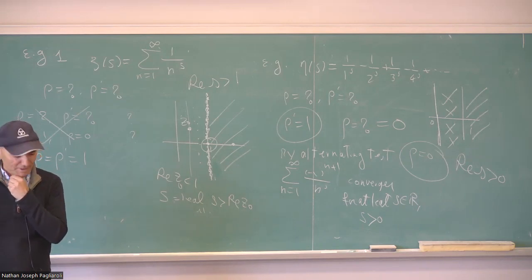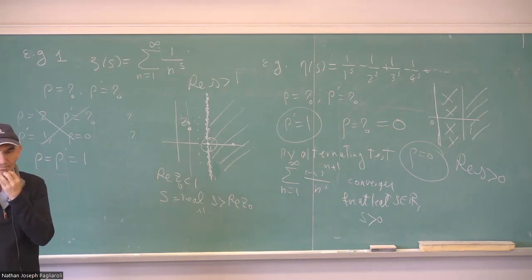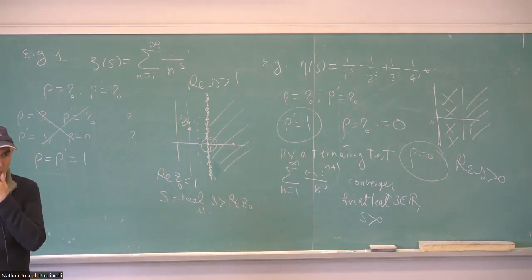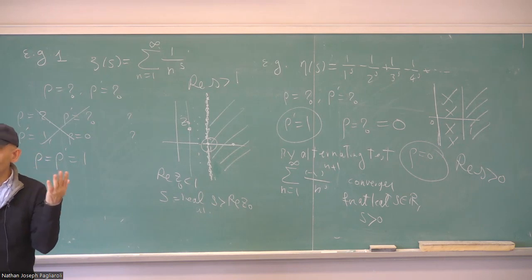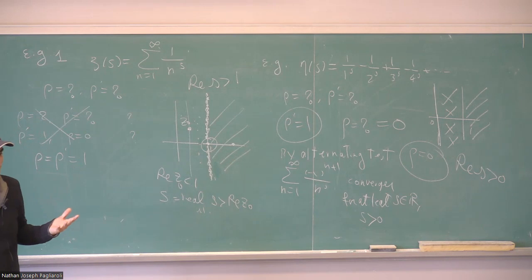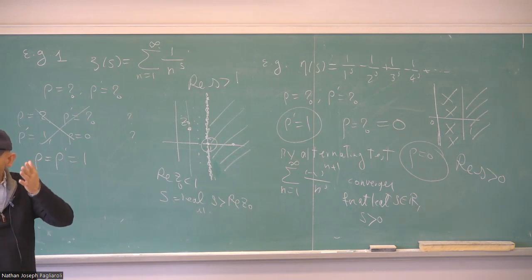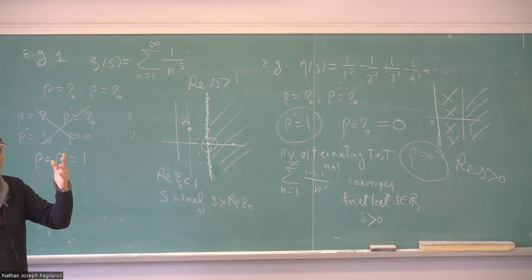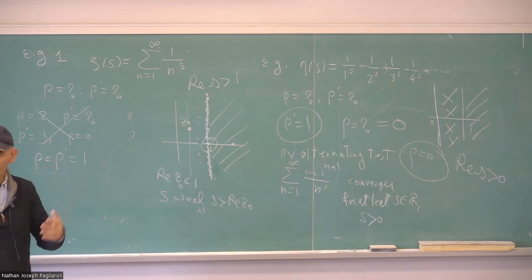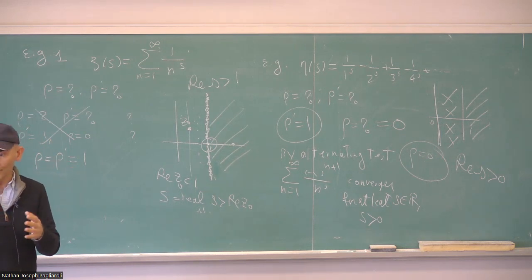Some of them diverge. It's very hard to guess here. Really, it's not a fair question. We have no clue just by looking at it, because these complex powers can be very complicated, arranging themselves like n to the power 1 plus ti for different values of t.